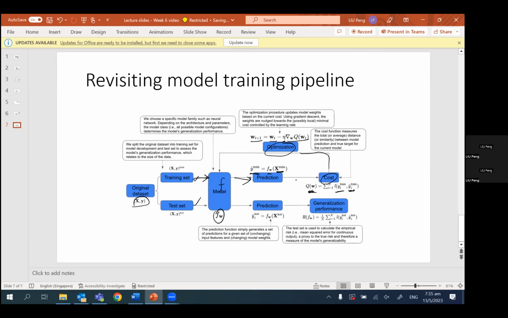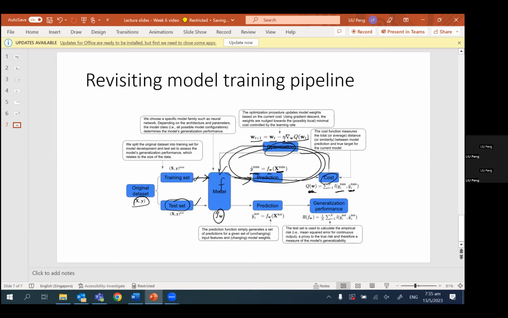This optimization then goes back to adjust the model itself, specifically the weights. So W changes, then we have a new model, and this loop continues. Once we are more or less comfortable with the model weights, then we can go to the test sets.